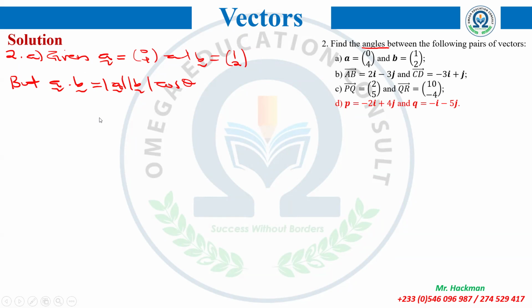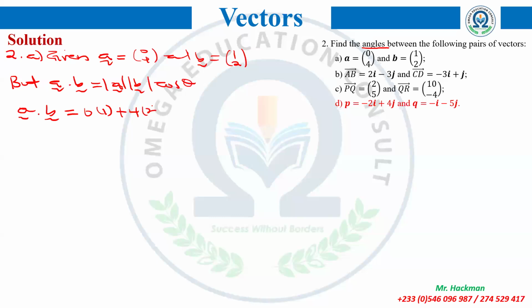So we are going to find all of them, then substitute. First of all, I will find the dot. A dot B, remember, we said that would give us 0. We've done that already. You could have inferred, but unfortunately it's not from the same question, so we have to do it again.